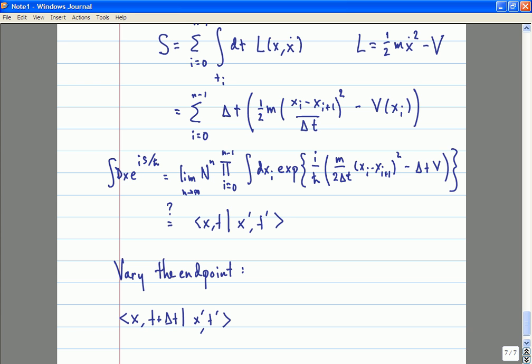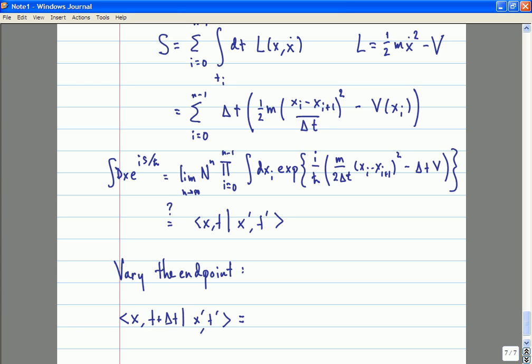So what happens when I add one more time? So what happens when I vary this time? Well, I've chosen this time interval delta t to agree with the time interval that I chose above, so that this new propagator is just given by inserting one more additional time interval.